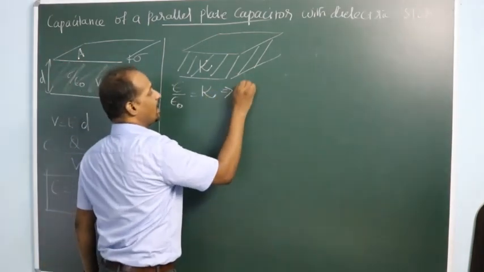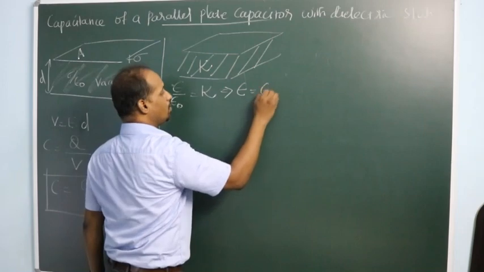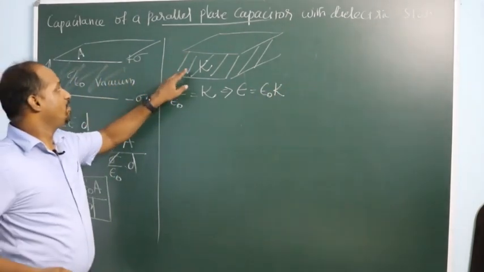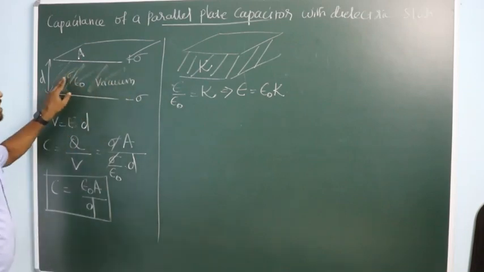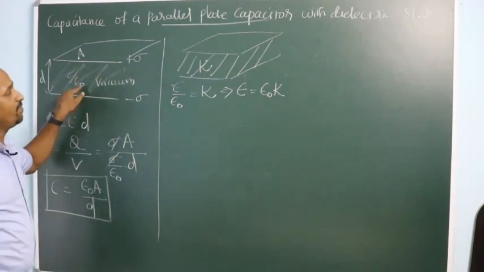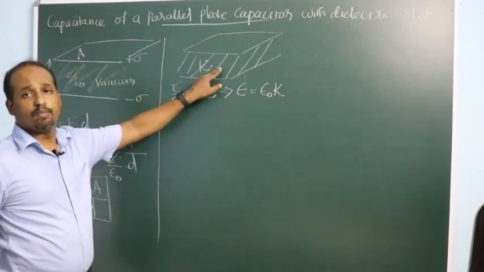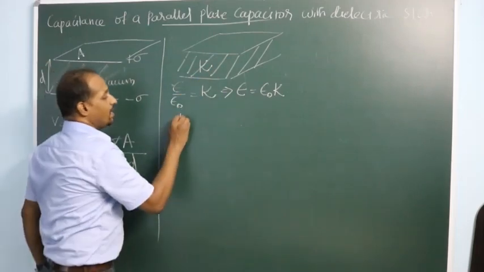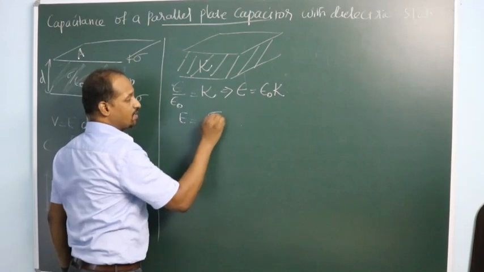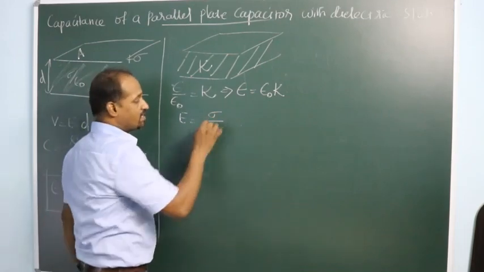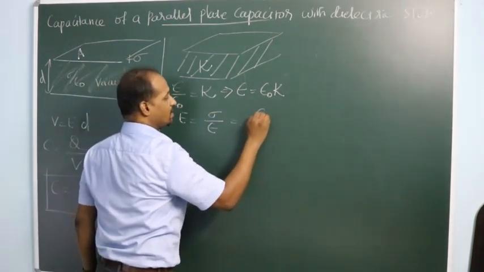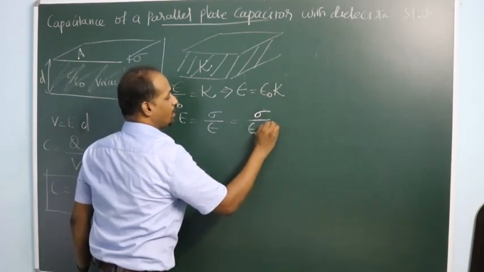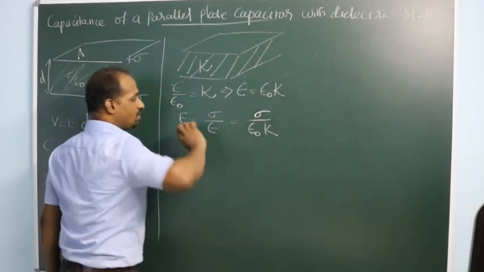This means that epsilon is equal to epsilon naught into K. If the space between the plates is vacuum, then the electric field is sigma by epsilon naught. If it is filled with a dielectric medium, then the electric field is sigma by epsilon, which can be written as sigma by epsilon naught K.